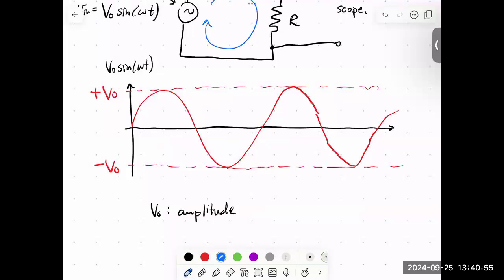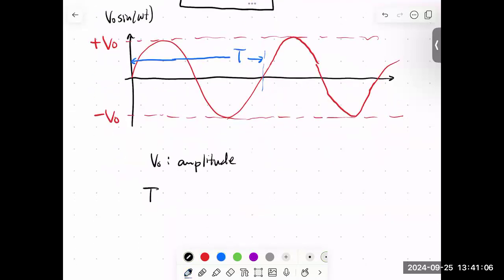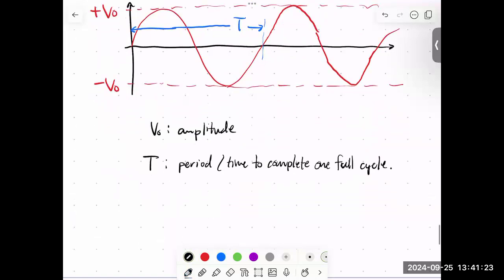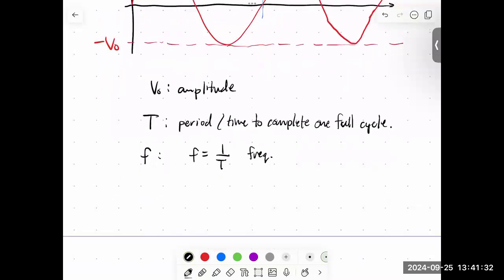Then the time it takes for our sine wave to complete one full cycle is the period. That's something we could measure on the oscilloscope. So T is the period, or the time to complete one full cycle. The frequency F is equal to 1 over T. And that's the knob that you have on your function generator.